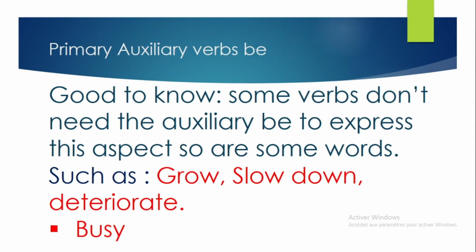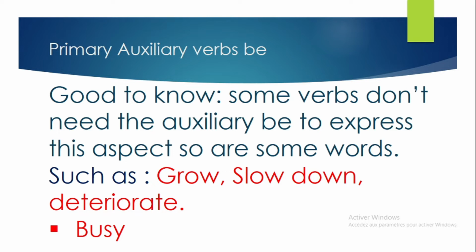So, what you need to know. Some verbs don't necessarily need the auxiliary be to express this aspect. So are some words, such as the verb grow or to grow, to slow down, to deteriorate.